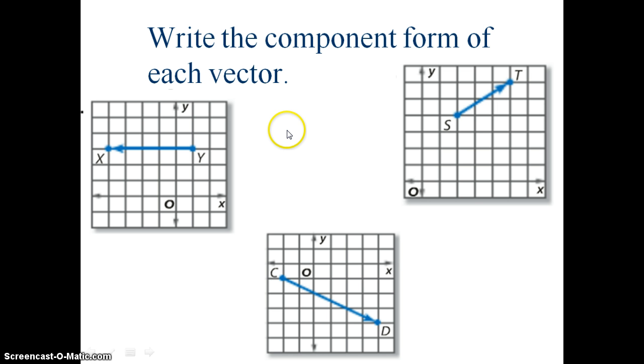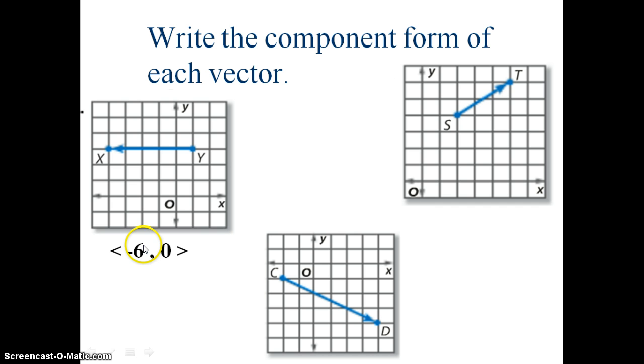Now we're going to write the component form of each vector. So in each picture, we're starting with a letter, then it's pointing to another letter. So we're just going to describe the translation from Y to X. So we're moving to the left, 1, 2, 3, 4, 5, and then we're not moving up or down any, so that's just going to be negative 6, 0. Hold on, let's recount. 1, 2, 3, 4, 5.